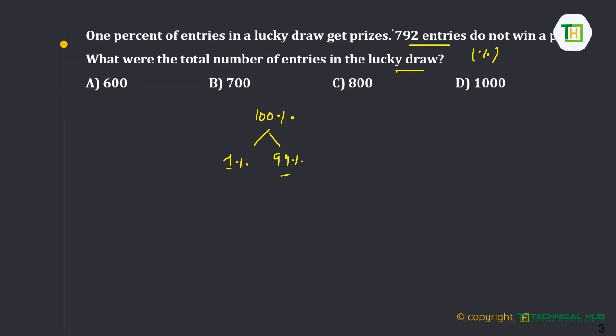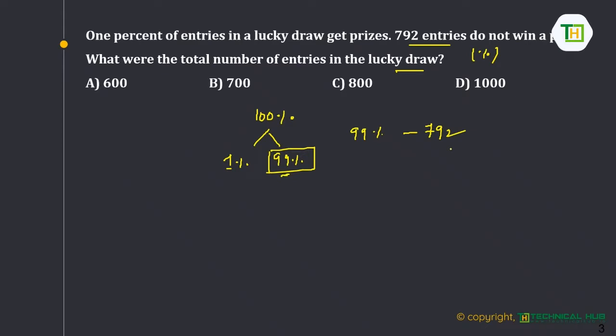The question says 792 entries do not win a prize, so in terms of percentage, that value is equal to 99%. Can I equate them? 99% is equal to 792, yes, because both do not win a prize.